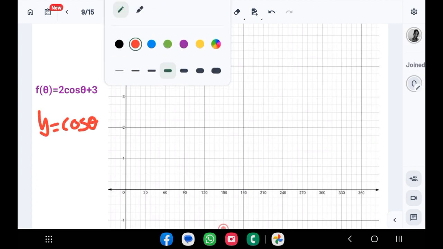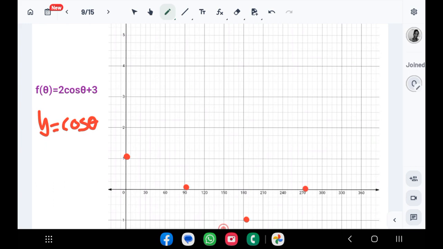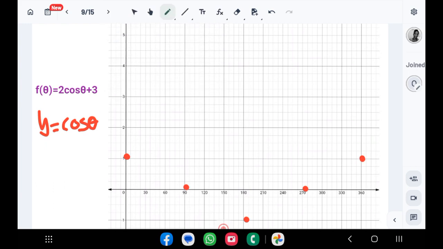At 0, that is 1, a maximum turning point. At 90 degrees, that is 0. At 180, it's negative 1. At 270, it's 0 again. At 360, it's 1. So this is the pattern that it follows. Let's join the dots.